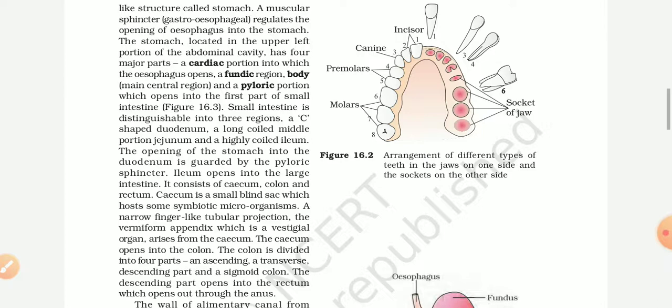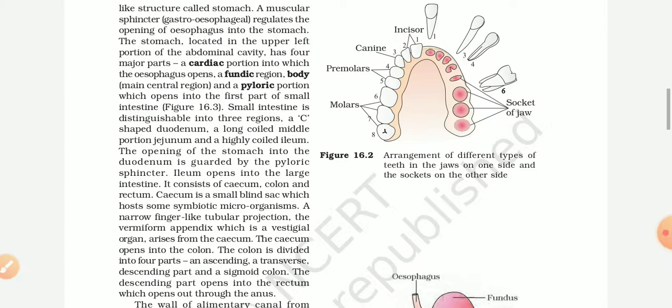A vestigial organ means this organ has no function and has become useless or reduced in size because of evolutionary changes. From the ancestral changes, this has become reduced. The vermiform appendix has no function in the human body.